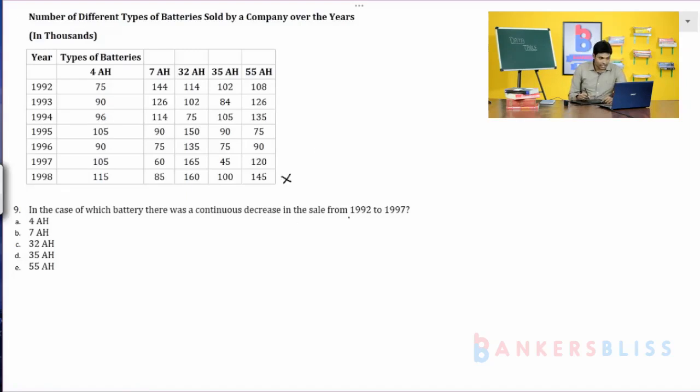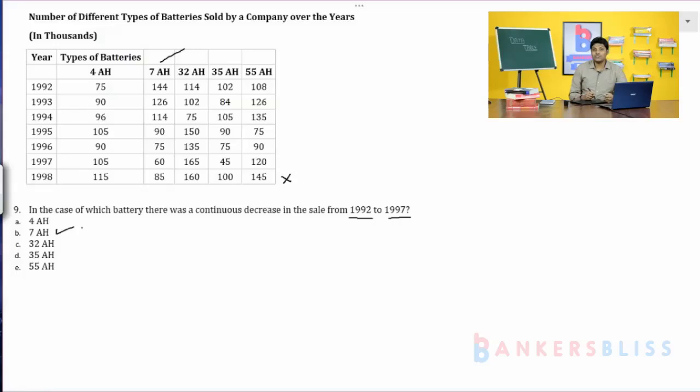Continuous decrease of which battery? 4AH, in the second year itself it increased, so we cannot take this as the answer because we want continuous decrease. Here 144 to 126 decreased, 114 decreased again, 90 decreased, 75 decreased, 60 decreased. So till 1997 continuous decrease is for 7AH, therefore 7AH is the answer. Option B is the right answer.